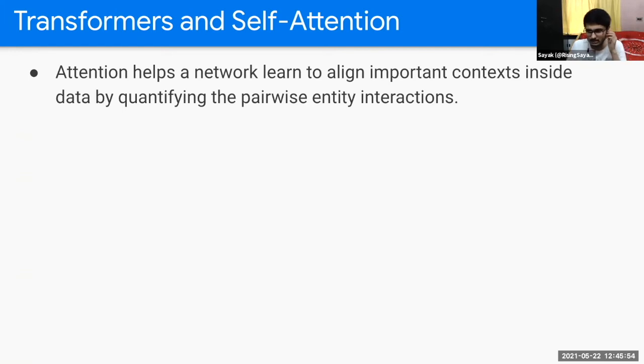Because when we see a natural image, we tend to pay attention to a particular set of objects present inside it, and not all of them, to infer some decision about what might be present inside that image, right? So this is what attention precisely does. It helps us quantify these pairwise entity interactions and put some weightage in the attention space of the model.